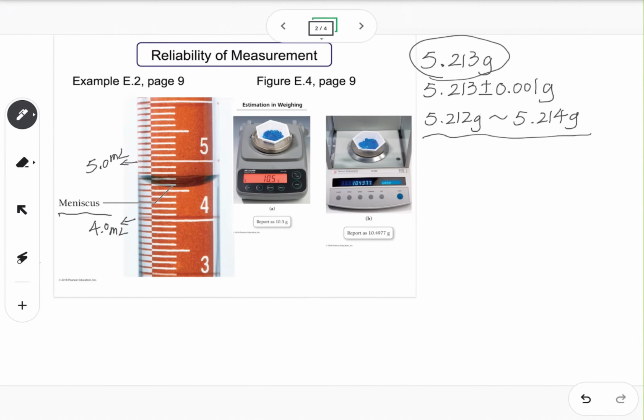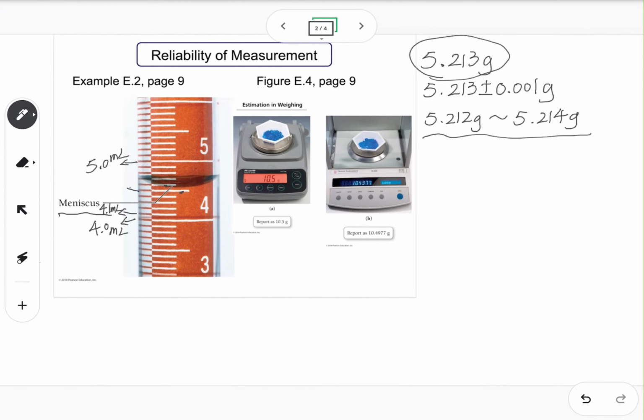That means that each mark represents 0.1 ml. So for this one, it's 4.1 ml. Then the next one 4.2, next one 4.3. Now you can see from this picture, the bottom of the meniscus curve is between this line and this line.